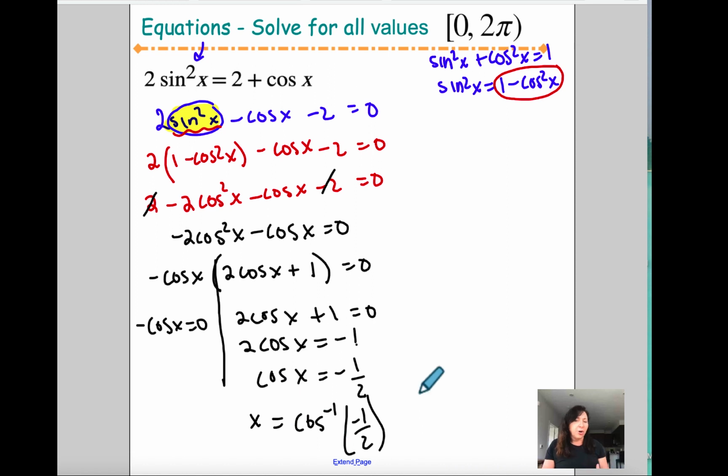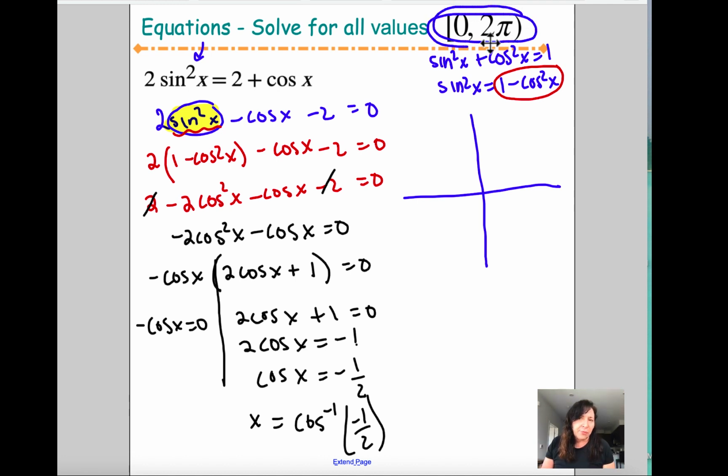Now, arc cosine of negative 1/2, they're saying, where is cosine negative 1/2? And remember, it's not in a restricted domain because I have all values from 0 to 2 pi. So cosine is positive in this quadrant and this quadrant, so those are out. So I'm going to be here. So where is cosine negative 1/2?